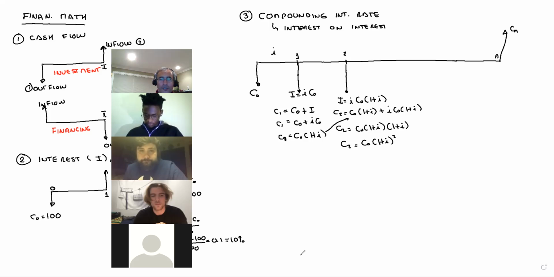You agree? So let me change the color here. So C1 is this one. C2 is this one. How do you think, guys, is going to be Cn? So this value here. Cn is going to be equal to what?